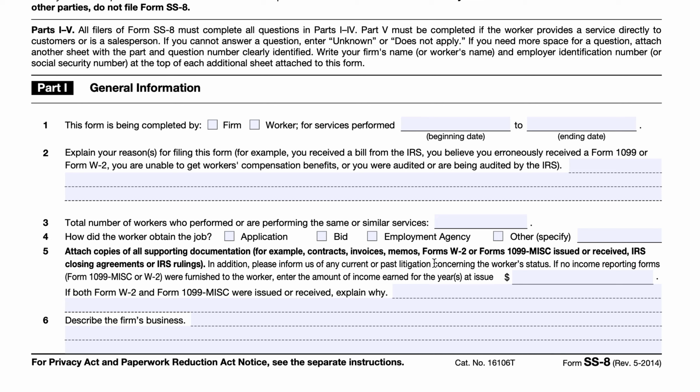That would be a perfectly legitimate reason to provide your previous Form W-2. Conversely, you might be a company that used to issue Form 1099s and now this person wants to be a W-2 employee for some reason, and you have to say, this is what we've done in the past.